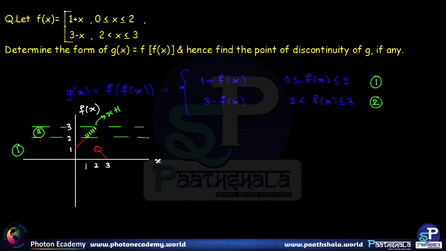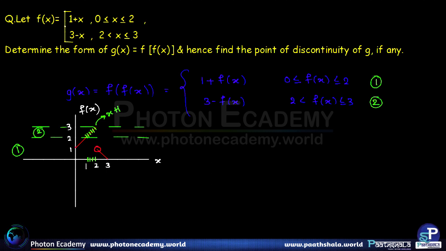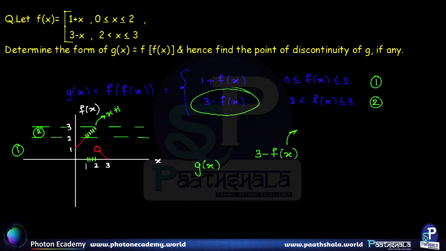And if you see the corresponding values of x, it is between 1 to 2. So let's write g of x. According to this definition, it is 3 minus f of x, but now we have to find out f of x. So we have seen that x is between 1 to 2.